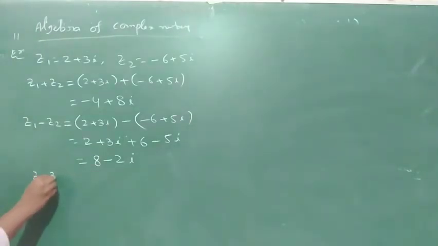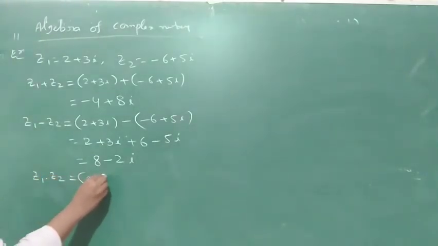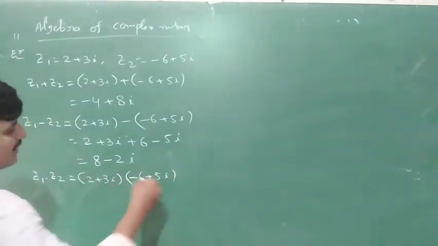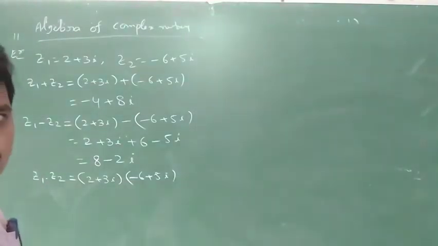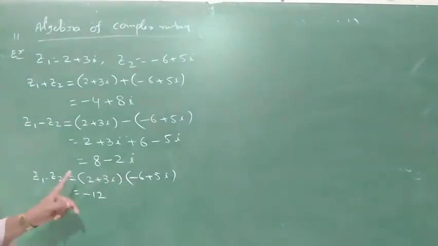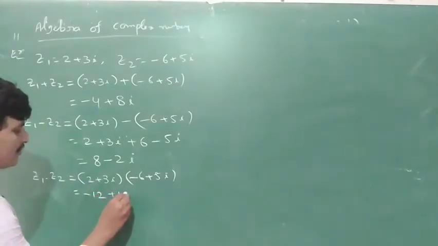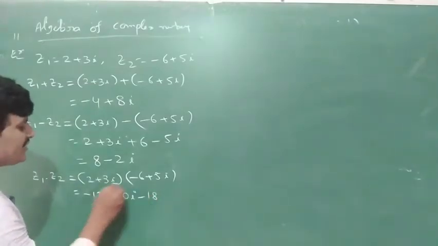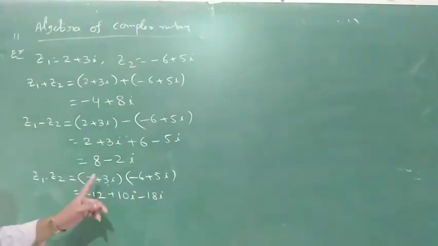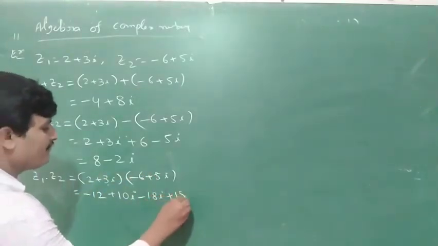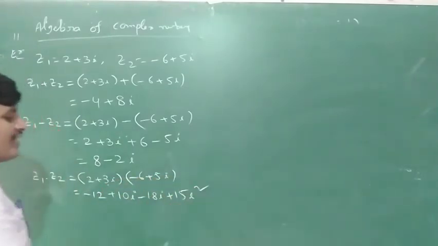Next, Z1 into Z2 is equal to 2 plus 3i into minus 6 plus 5i. Multiply 2 into minus 6, minus 12. 2 into 5i, plus 10i. 3i into minus 6, minus 18i. 3 into 5, 15, i into i, i square.